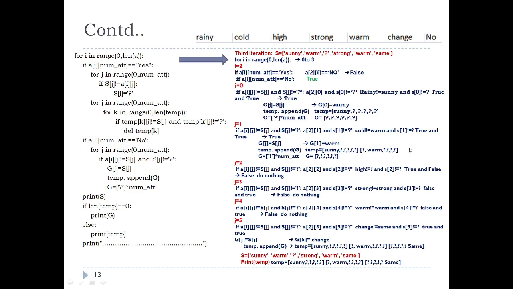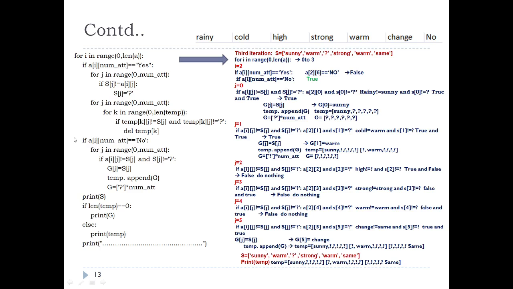So here j is equal to 5. All other attribute values we make question marks, and the last one we make same. This will become the list temp.